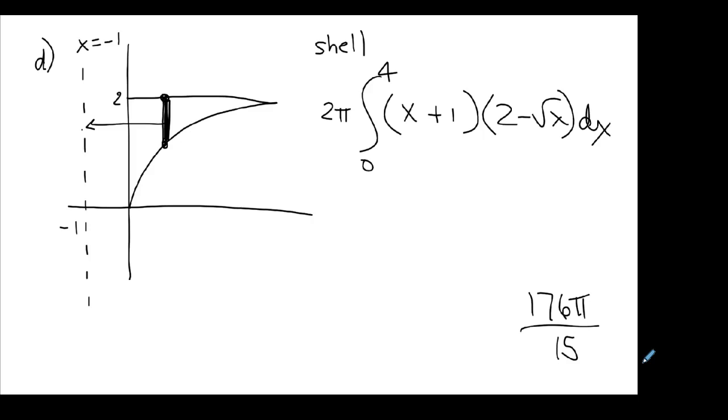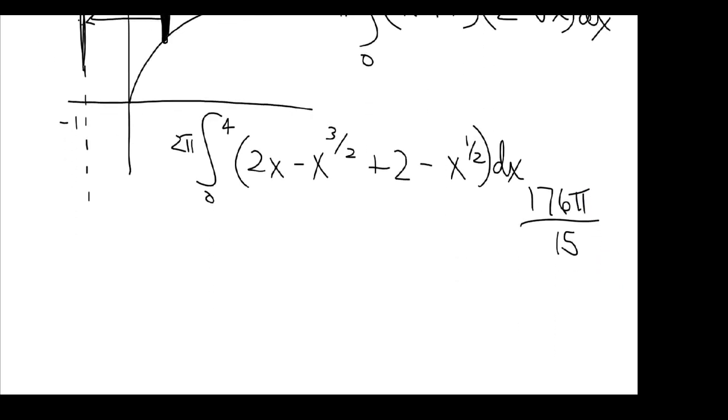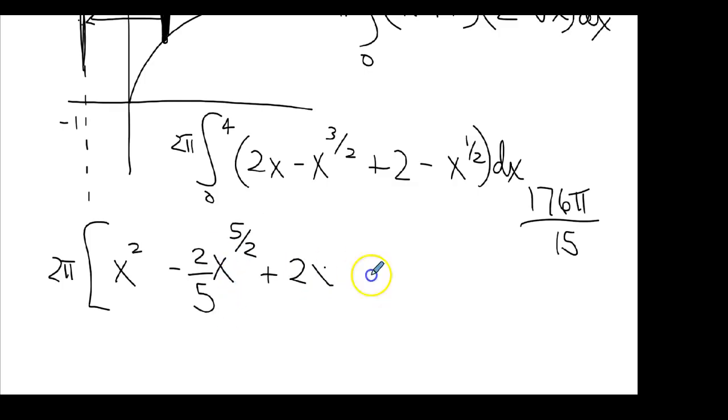No? Okay, let's work it out then. When I FOIL this out, I have 2x minus x to the 3/2 plus 2 minus x to the 1/2. So then, integrating, I get x squared. x goes up to the 5/2, so it's times 2/5, plus 2x. x is to the 3/2, so times 2/3.